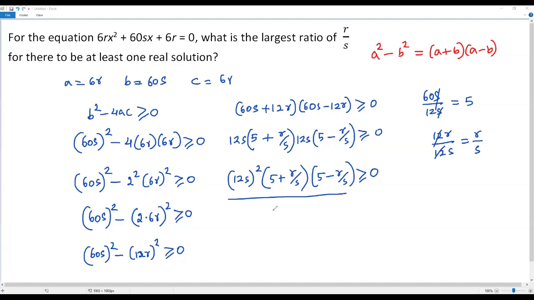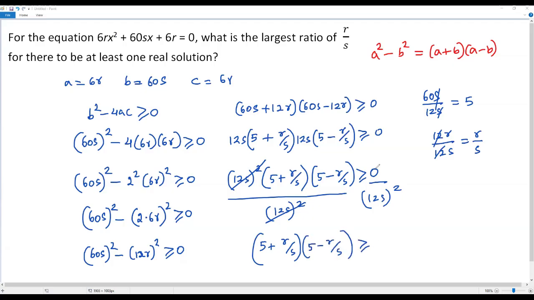Now let me divide both sides of this inequality by (12s)². When I do so, the (12s)² will cancel out. I am getting (5 + r over s)(5 - r over s) greater than or equal to 0, since 0 divided by anything is still 0. This is the resulting inequality I am getting.